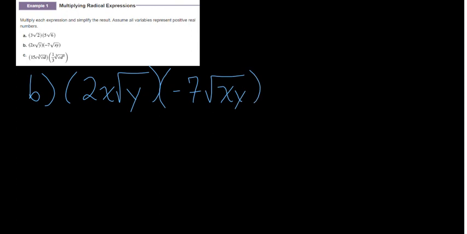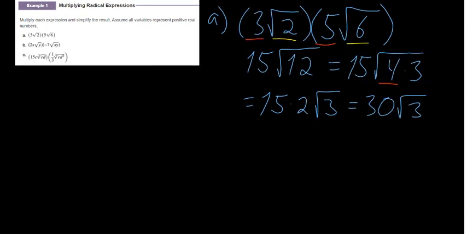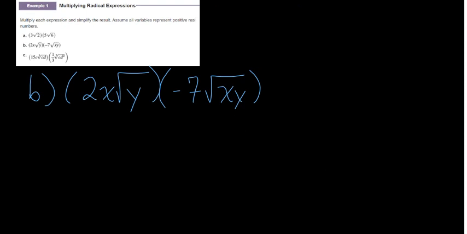All right, and again, underlining the numbers on the outside here, and then I'm going to underline the numbers on the inside where my radicals are located. Okay, so we're going to multiply the things I underlined in red, so it's going to be 2x and a negative 7, so it's going to be a negative 14x.